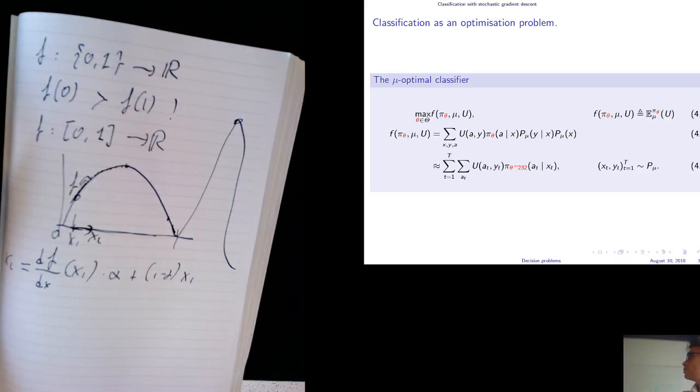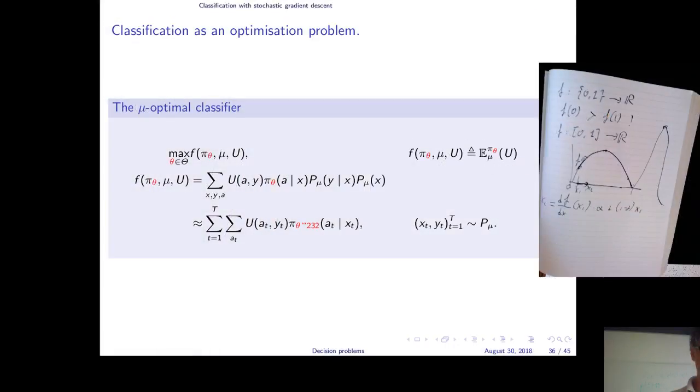Okay. So before we talk about classification problems in general, let's think about what is the optimal classifier. Let's say we have a utility function, okay? And our utility function is, let's say, 1 when we classify correctly and 0 when we don't.